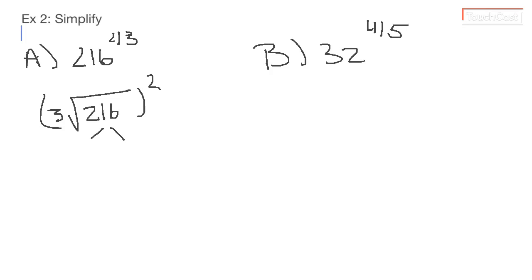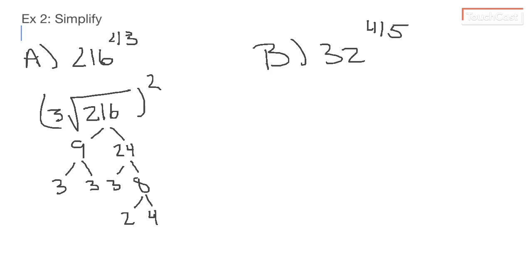So we're going to break that up. I look at this and I see that the digits add up to 9, so I can divide by 9. 9 goes into 216 24 times, and then I can break 9 up. It's 3 times 3. 24 is going to be 3 times 8. Then I need to break 8 up.